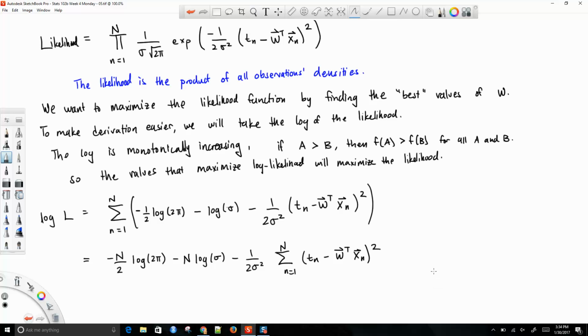Okay, so now we've taken the log. This is our log likelihood function. What a pain. All right, and now we're going to take the derivative of this so we can maximize it. Because we're going to find where the derivative equals 0, and then we will say that's either going to be a local min or a local max, and we'll look at what that is.